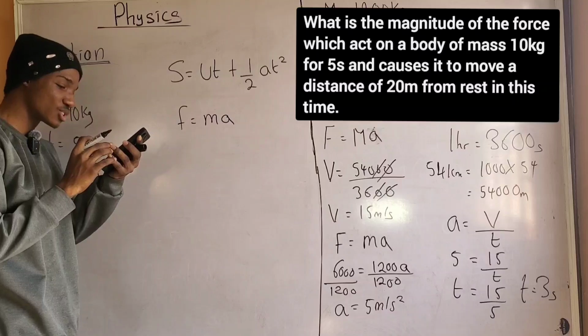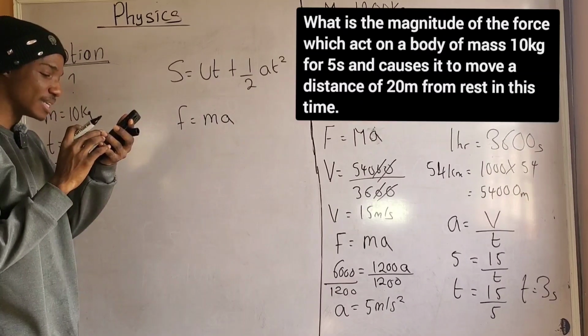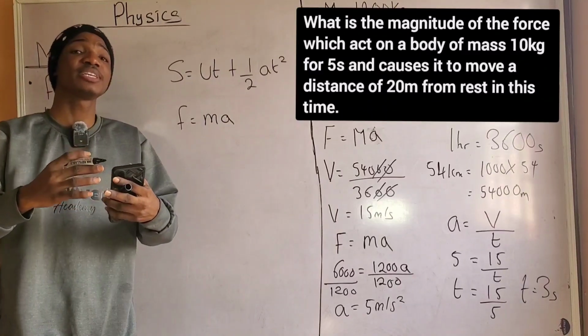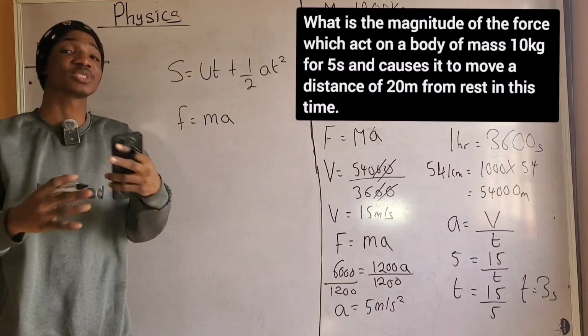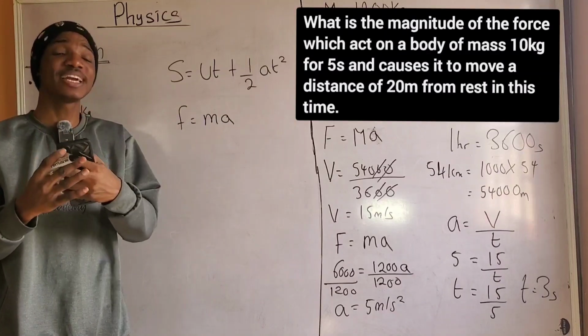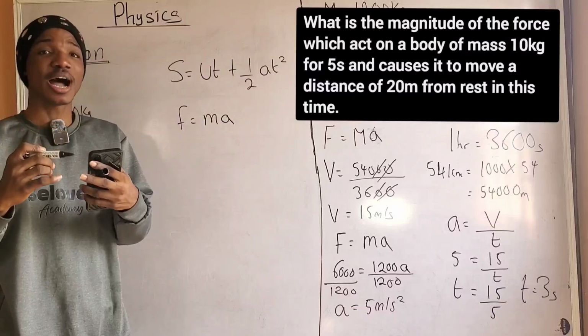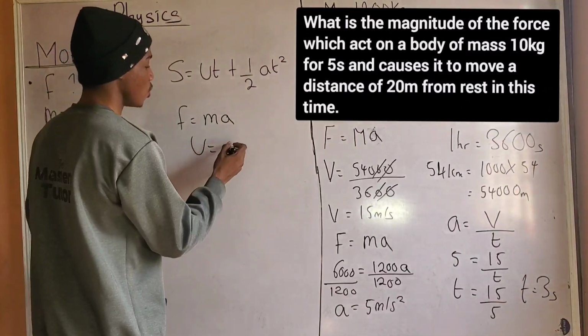Now, if you look at the question, the body accelerates from rest. So if the body accelerates from rest, that means the body is not moving at all before. The body doesn't have any velocity. The velocity of a body at rest is the initial velocity, and that velocity is u, and that u is 0. So u equals 0.